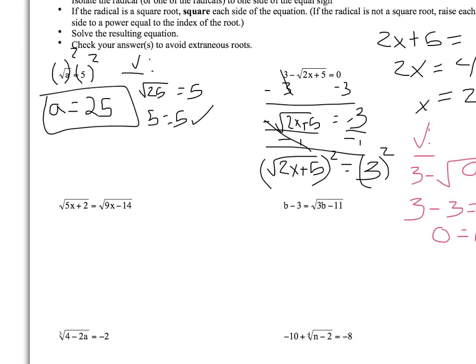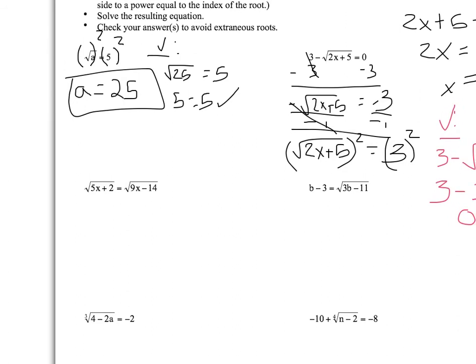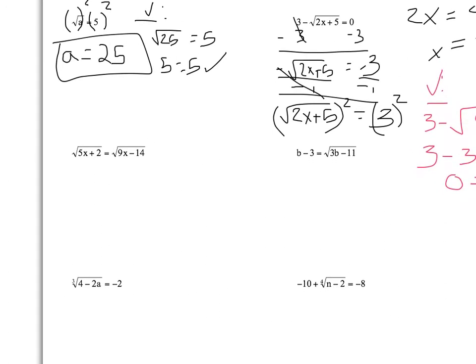Okay, moving on. The next one, I know the steps do say get radicals on one side of the equation. However, in this case, when you have a radical equaling a radical, what you'll end up doing is just start by squaring both sides. Radical 5x plus 2 is just 5x plus 2. Radical 9x minus 14 squared is 9x minus 14. Solving for x, let's get x's on one side, numbers on the other. So I'm going to subtract the 5x.